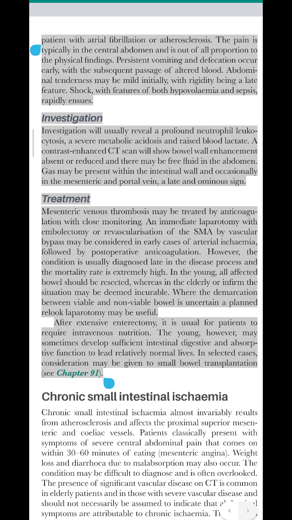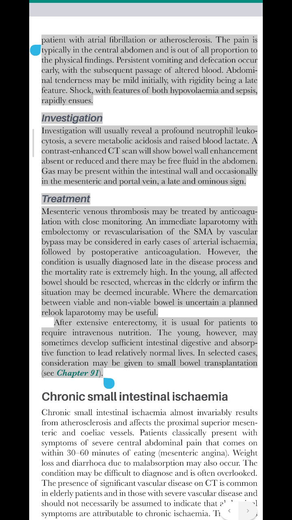The pain is typically in the central abdomen and is out of all proportion to the physical findings. Persistent vomiting and defecation occur early, with the subsequent passage of altered blood. Abdominal tenderness may be mild initially, with rigidity being a late feature. Shock, with features of both hypovolemia and sepsis, rapidly ensues.